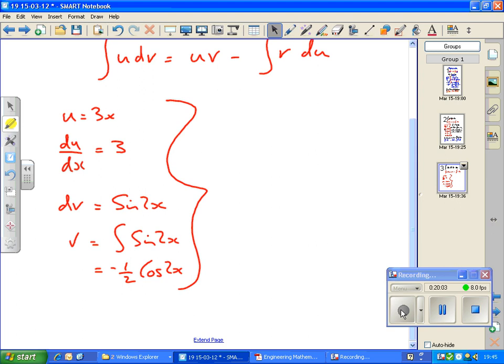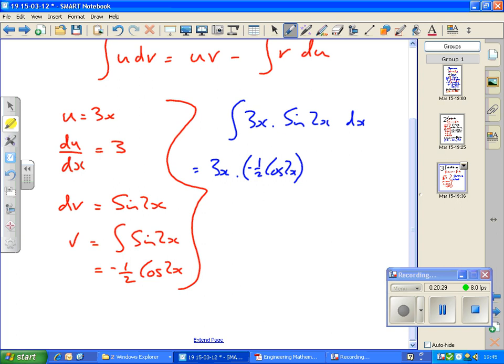So now our integration, which is the integral of 3x sine 2x with respect to x, becomes u, which is 3x, times v, which is minus a half cos 2x.